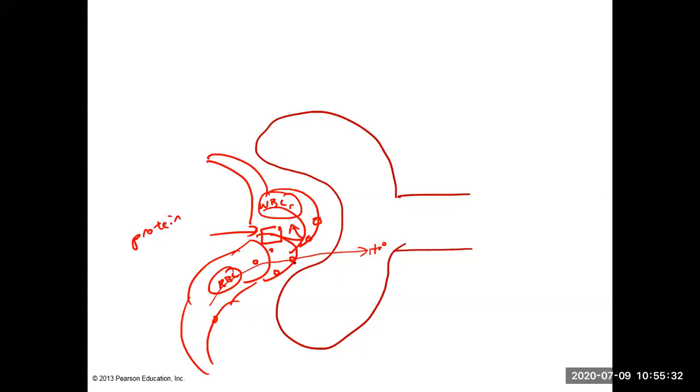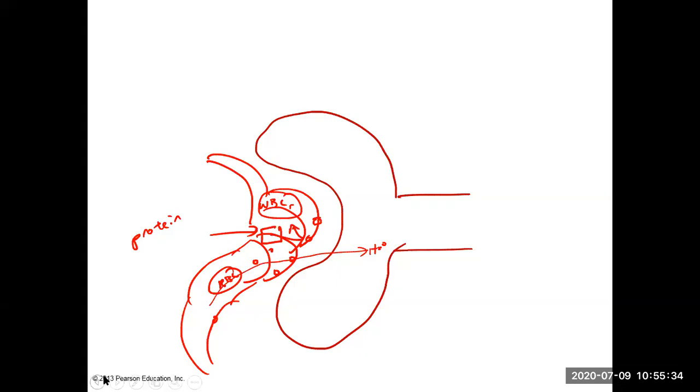Yes, water and so on can pass, but certain substances like RBCs and white blood cells do not pass, because these fenestrated capillaries only allow the smaller stuff like water to pass through. But bigger stuff, like proteins, don't pass because they're bigger than these slits.